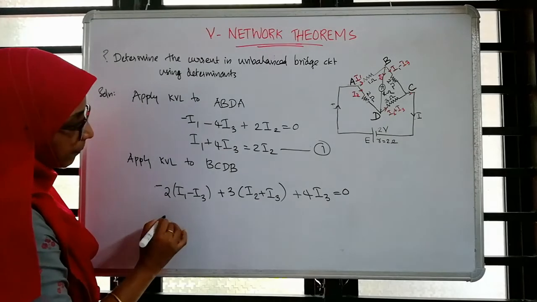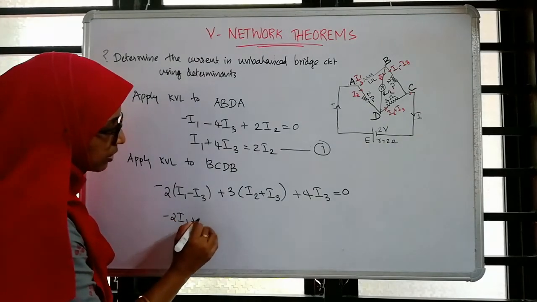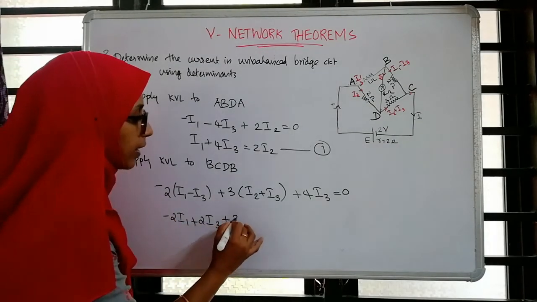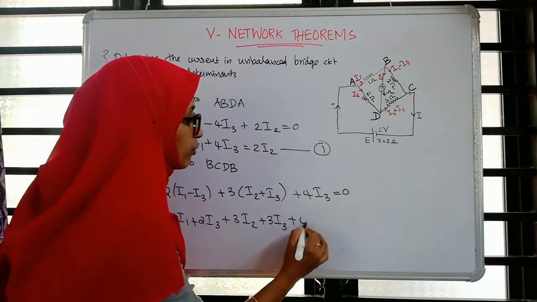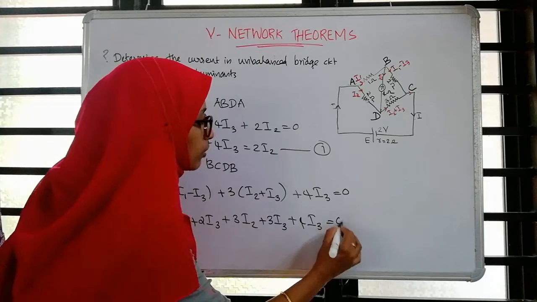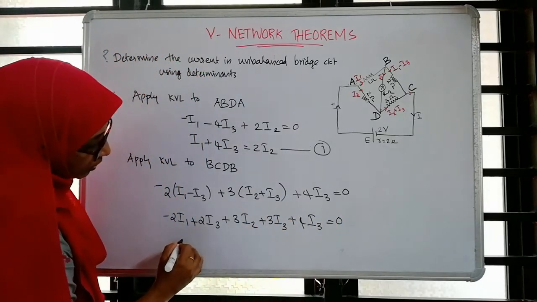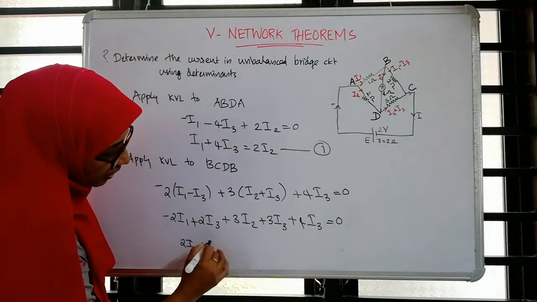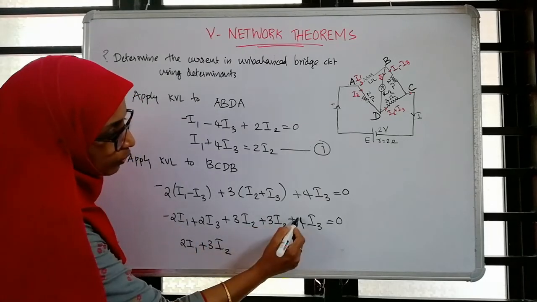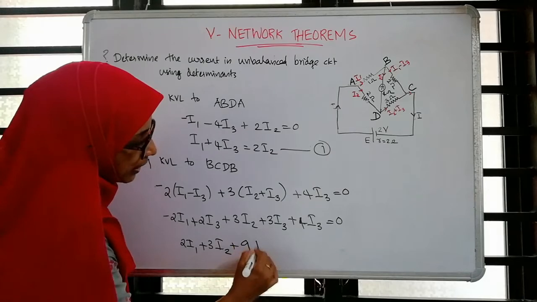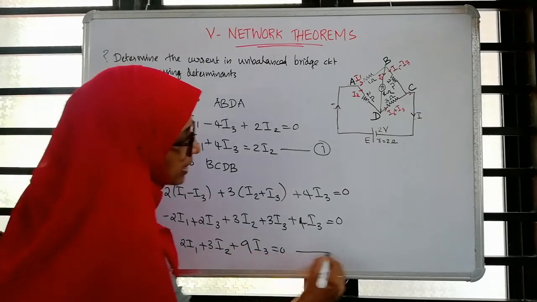So minus 2 I1 plus 2 I3 plus 3 I2 plus 3 I3 plus 4 I3 equal to 0. That is 2 I1 plus 3 I2 plus (2 plus 3 plus 4) 9 I3 equal to 0, from the second Kirchhoff law.